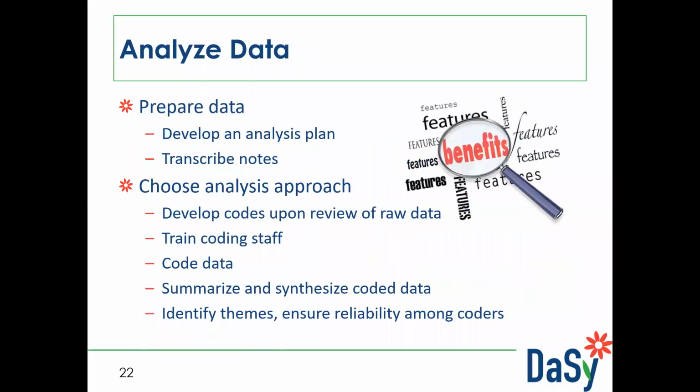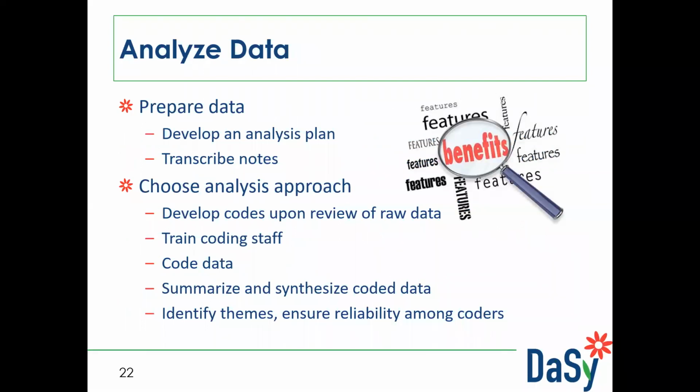And the last step when we're thinking about qualitative data collection is the analysis of the data. Again, you've been preparing for the analysis all along. You should have an analysis plan and then be thinking about how you're going to prepare your data. And you can categorize your data in a number of different ways.